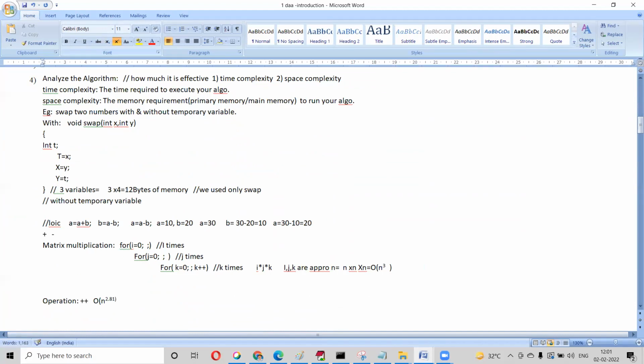This concept is said to be Strassen's matrix multiplication. How it is possible, I will explain there.